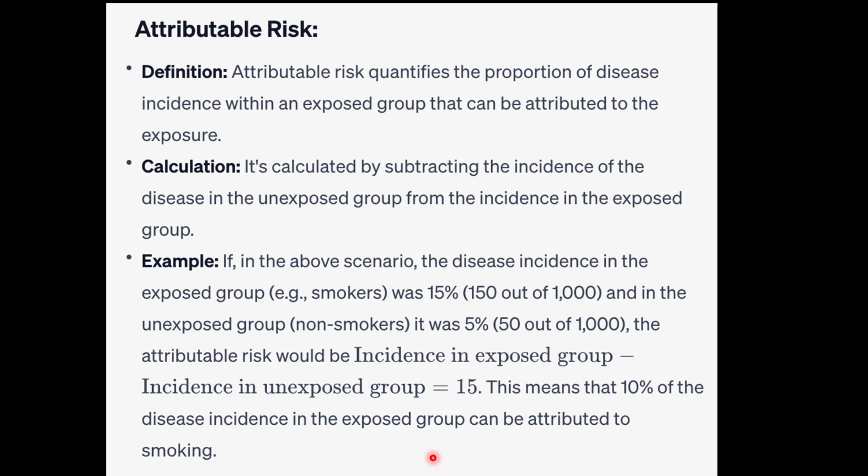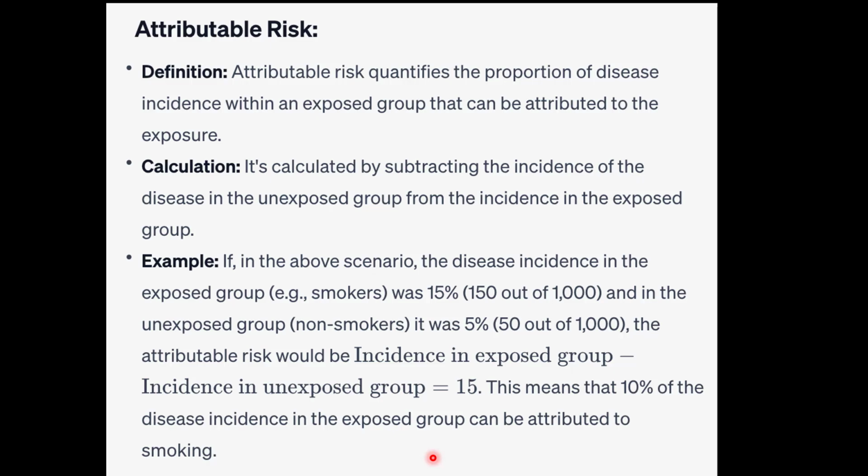It is calculated by subtracting the incidence of the disease in the unexposed group from the incidence in the exposed group. The example will show you that the attributable risk is more beneficial than the absolute risk because it gives me an impression about the contribution of a certain exposure to the outcome.